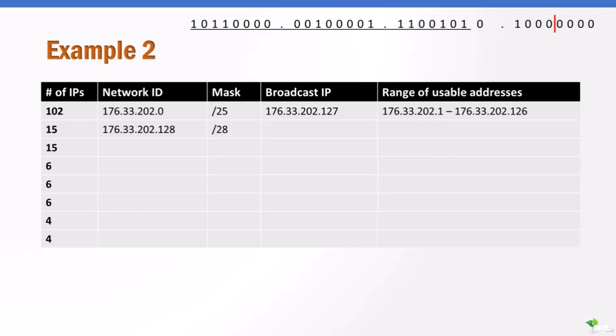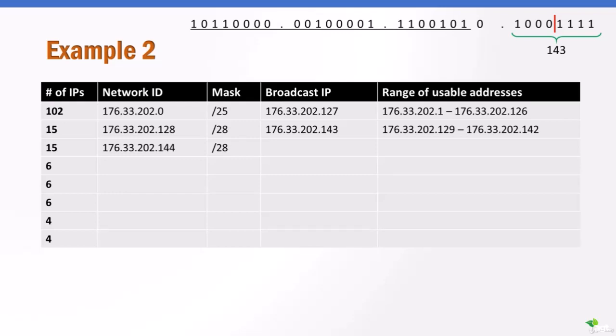To calculate the broadcast IP, we're going to switch the last 4 bits into 4 ones. In total, that's going to be 15 plus 128, which is 143. So the broadcast IP is 176.33.202.143. And then the range goes from 129 to 142.